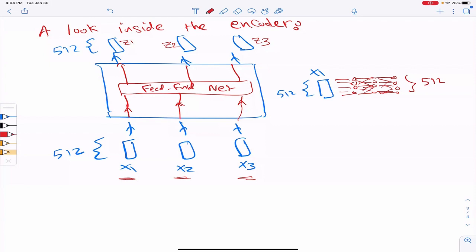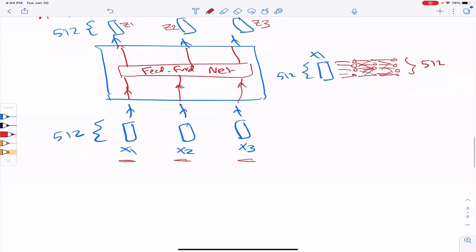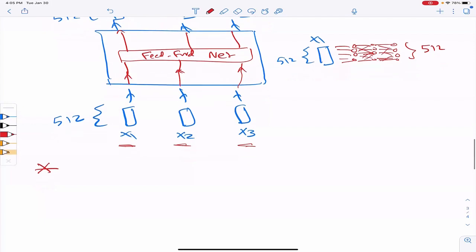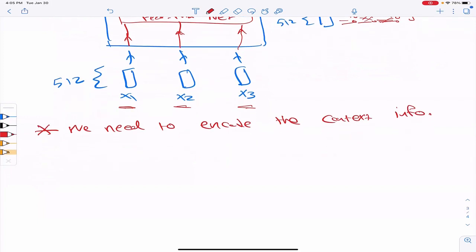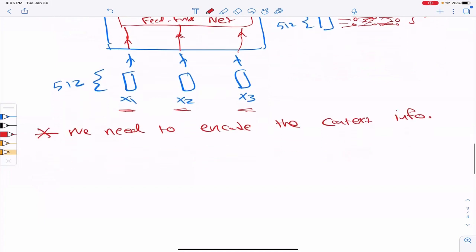So we need to somehow incorporate the context information. And that is where an attention layer comes into the picture. Attention layer is to encode context information in our encoder.